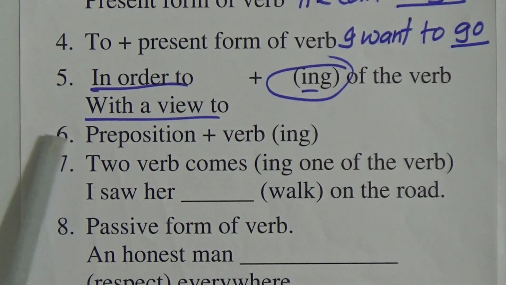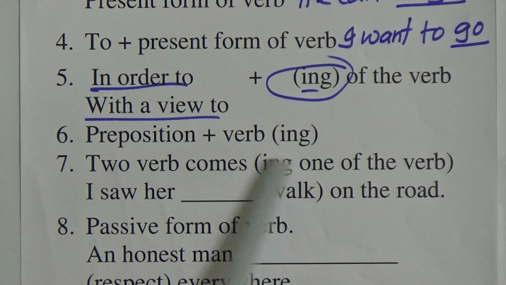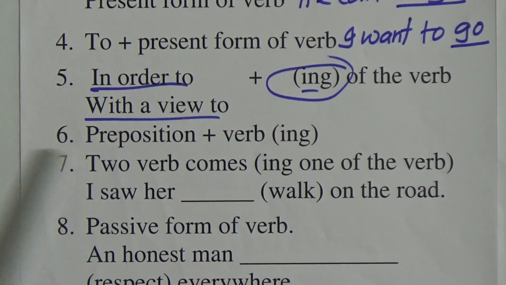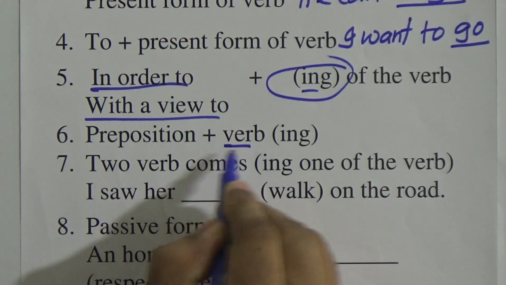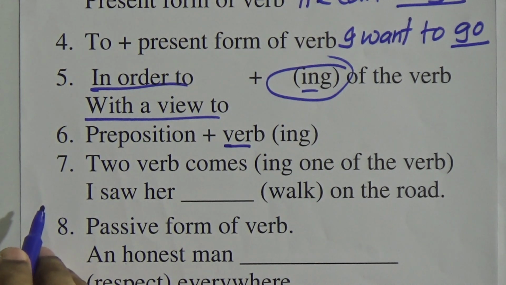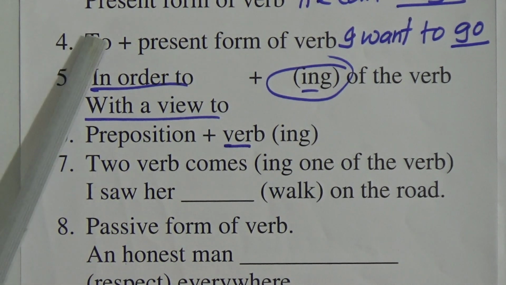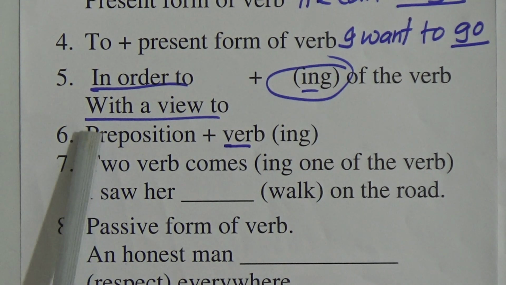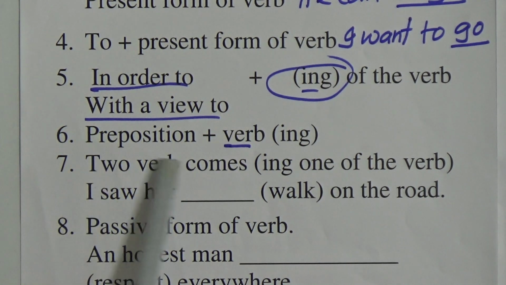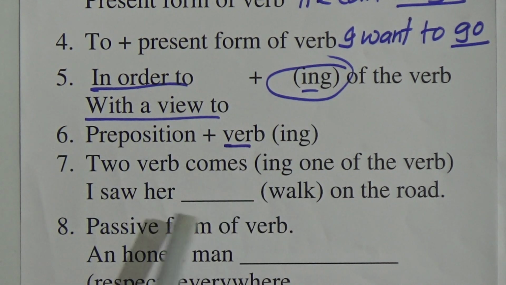Number 6, preposition plus verb plus ing. If after a preposition any verb comes, we will use ing of the verb. Okay, the only exception is to. After to, we will use base form of the verb, and after all the prepositions, we have to use ing of the verb.